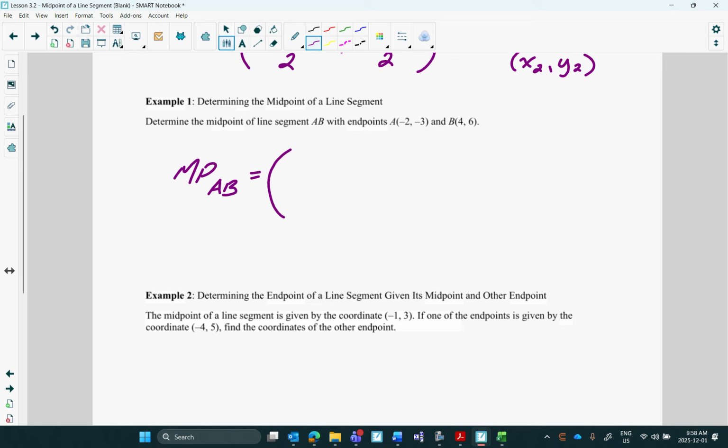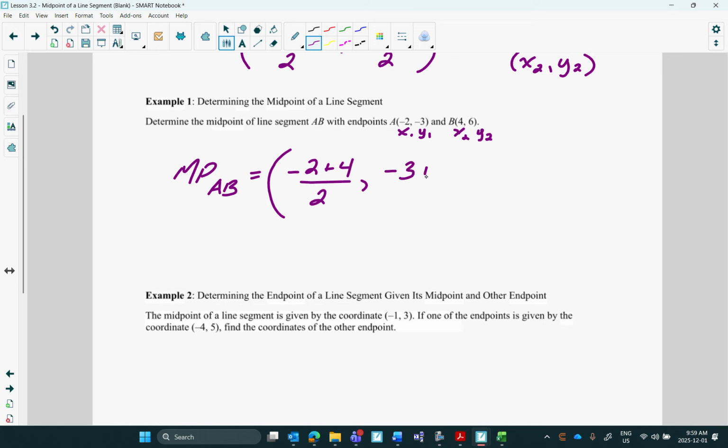Well, I could call this one x1, y1, this one x2, y2. How would I find the midpoint of the x's? What would I do to these? Add them and then divide by 2. So -2 plus 4 divided by 2. How would I find the midpoint of the y's?